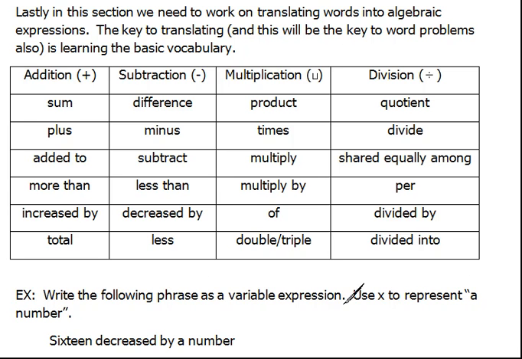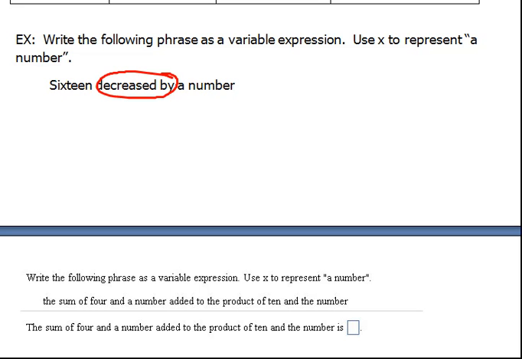Now we're going to do some translating ourselves. We have an example here that says "16 decreased by a number." We're going to change that into a mathematical statement. If you look at your list, "decreased by" is one of your key words, and it's just another way of saying subtraction.